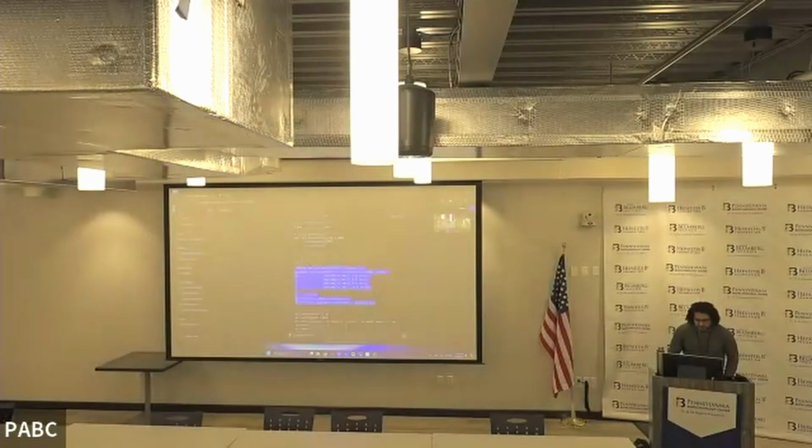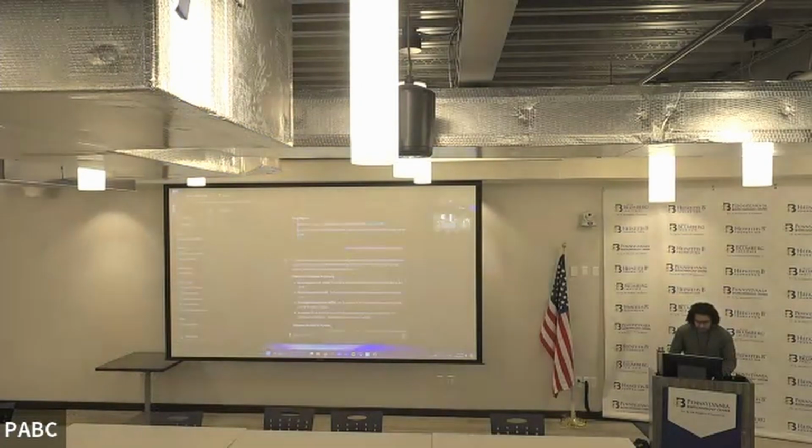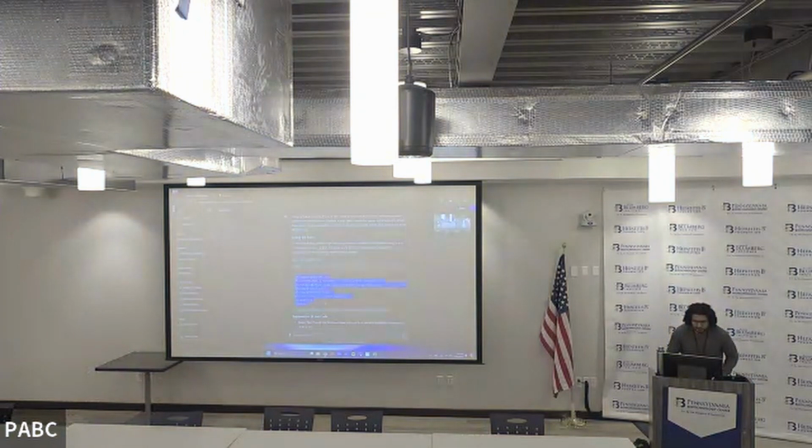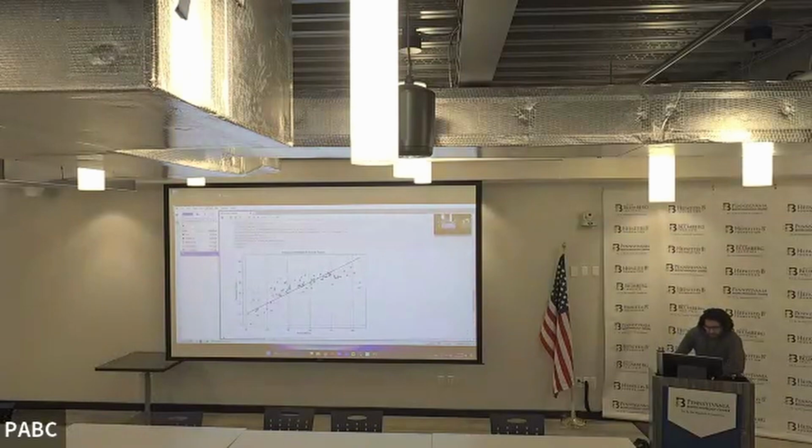Then I want to graph actual versus predicted to see how well the model did from a graphical visualization point of view. Here it is. See how it's scattered up here?